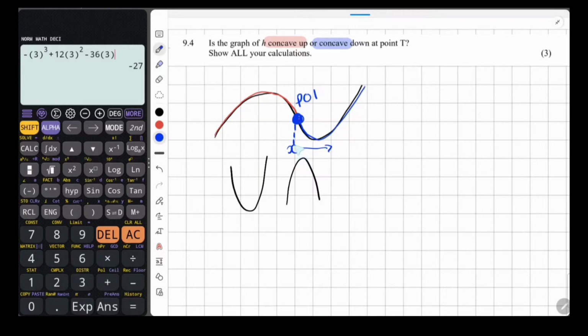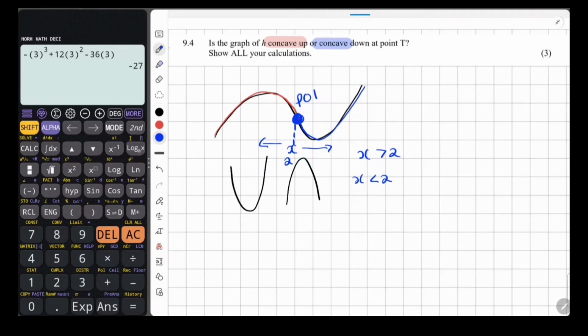Let's say it was 2. You would be able to say it's concave up where x is greater than 2. So over here, it's all concave up because these are all values greater than 2. And it would be concave down where x is less than 2.